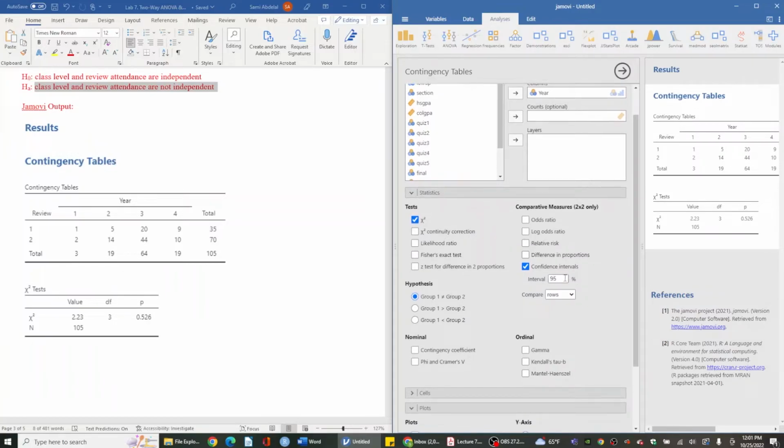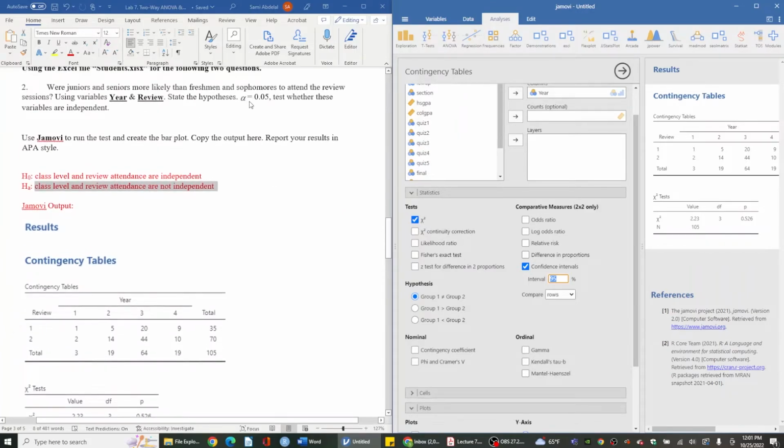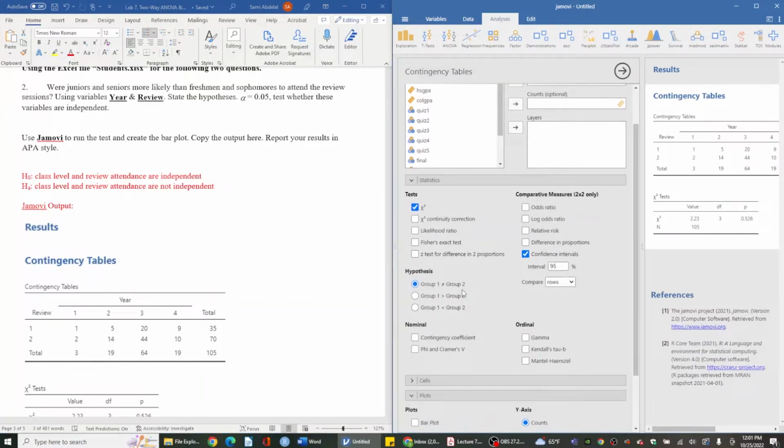And we have a 95% confidence interval because the question asked us to use the 0.05 level of significance. Our hypothesis is good. We're not predicting a direction. We're just saying it's independent or dependent on one another.